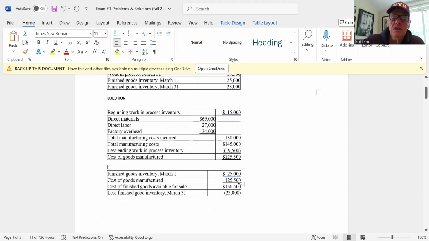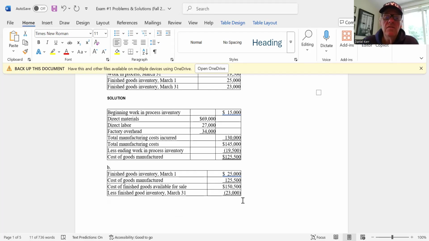Then you have to get cost of goods sold. So cost of goods sold is simply beginning inventory of finished goods plus the cost of goods manufactured, which gives you the goods available for sale. And you subtract out the ending finished goods inventory there. So I have a little error in my key. Let me just write this out. So 150,000 minus 23,000.